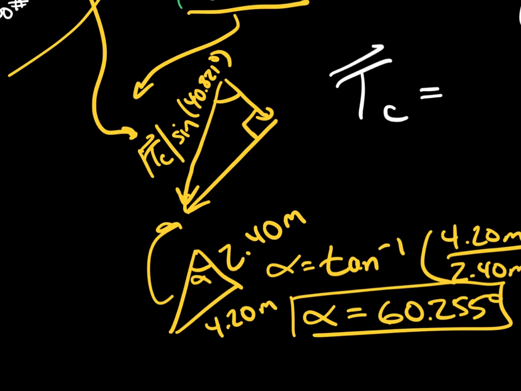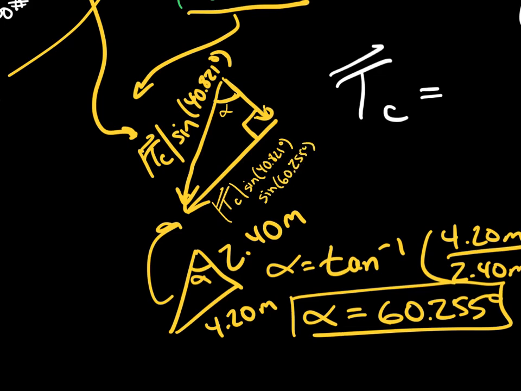So this side of this triangle becomes the hypotenuse. This is the adjacent. So this is the opposite. So the opposite will be the hypotenuse. That's the hypotenuse, and now we're going to multiply it by the sine of that angle, times the sine of alpha here, which is 60.255 degrees.